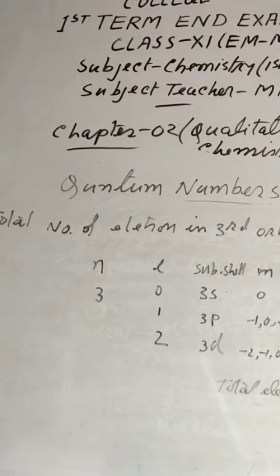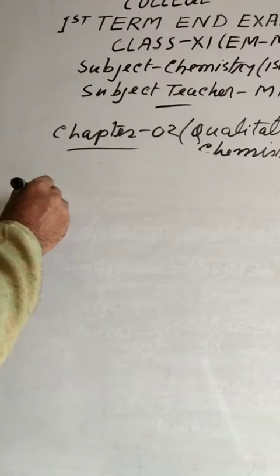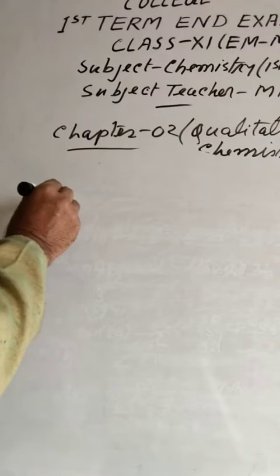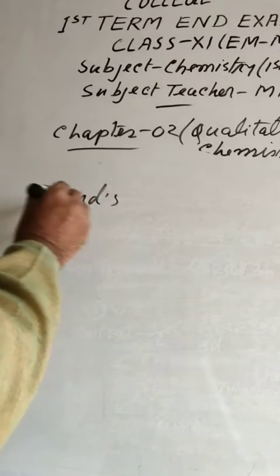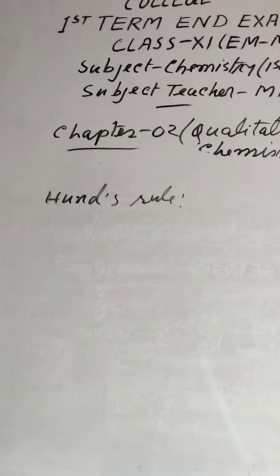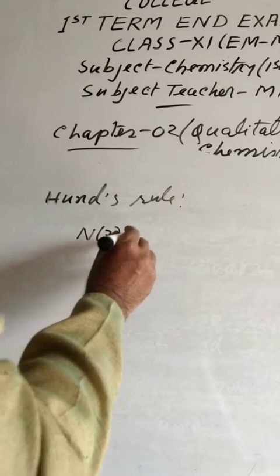Okay. Now Hund's rule. According to Hund's rule, electron pairing will not take place in orbitals of the same energy level until each orbital is singly filled. For example, nitrogen has 7 electrons.